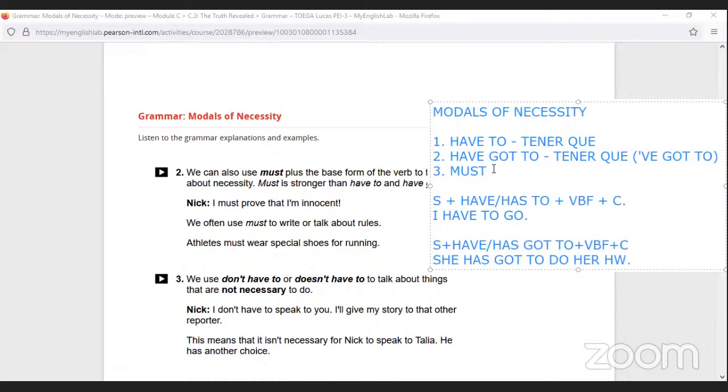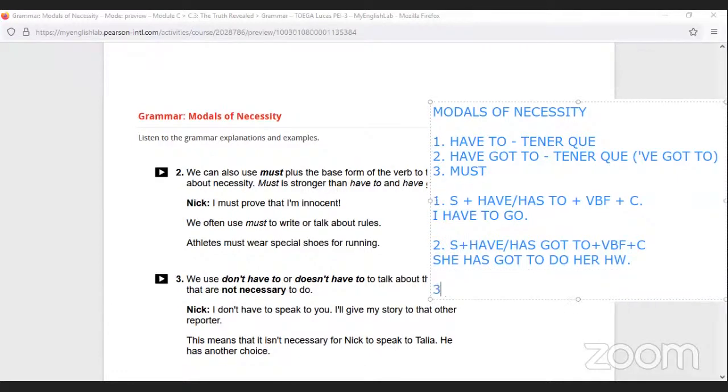This must shows an obligation, but this obligation is stronger than the first two. Those only show necessity, and must shows obligations.